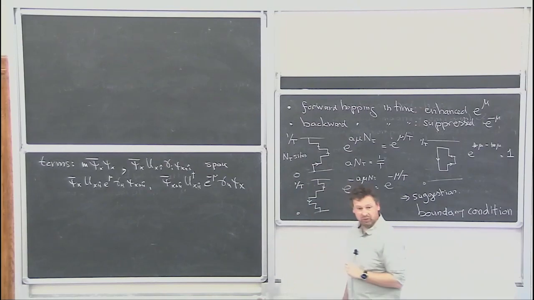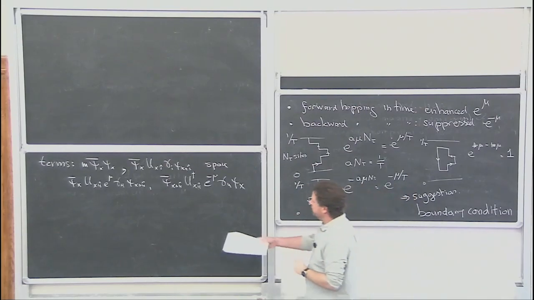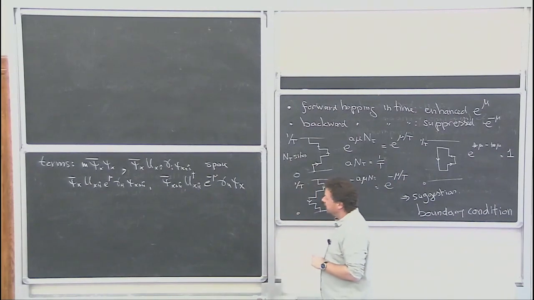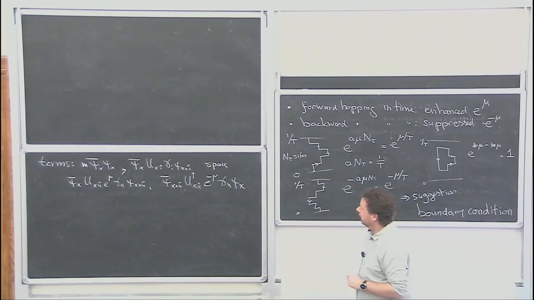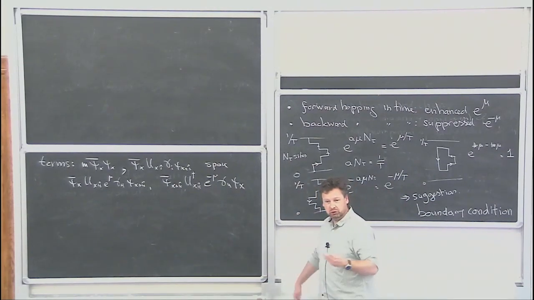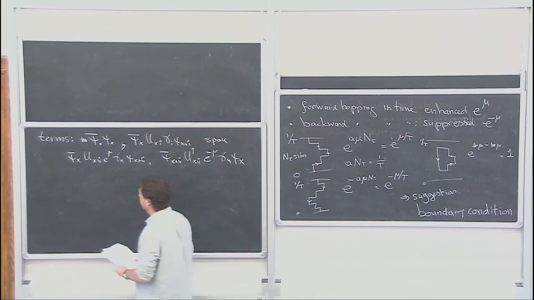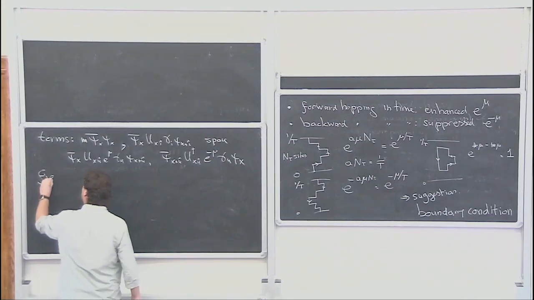So these are the terms that I get in the action, either a mass term or a discretized derivative in space or in time. Now these appear in the path integral, so these are integration variables. So I'm free to do a field redefinition. So let's take the following redefinition.